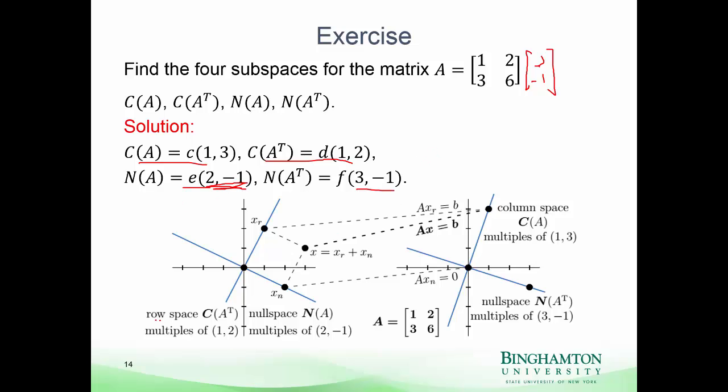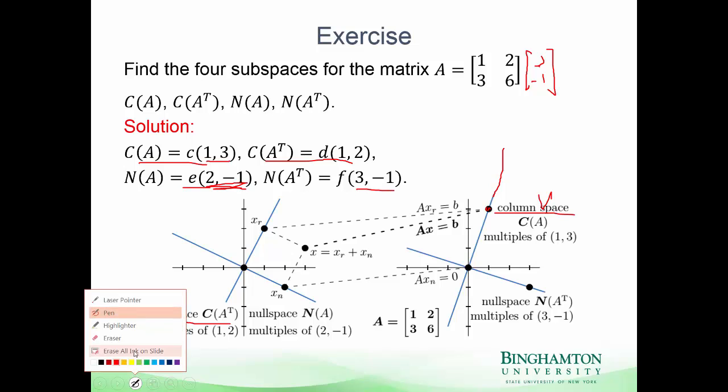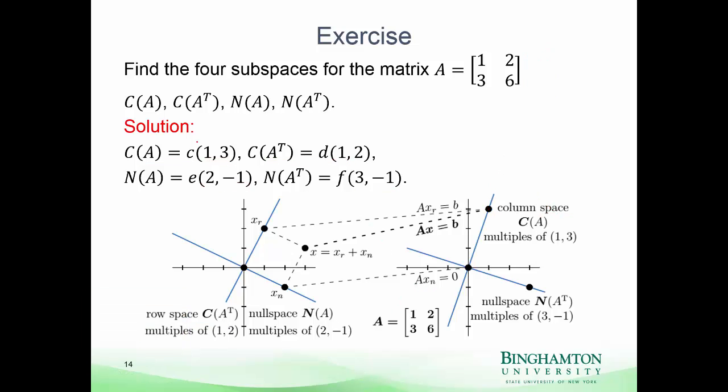We've got our row space, which is characterized by the vector 1, 3. Oh, column space is over here. So column space, yes. 1, and then 1, 2, 3. So there's a dot. We draw a line through the origin and that dot. So this line here is our column space.